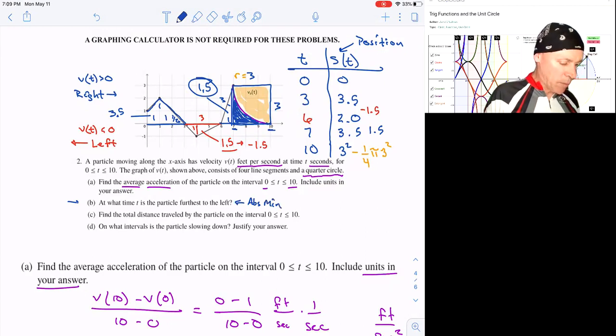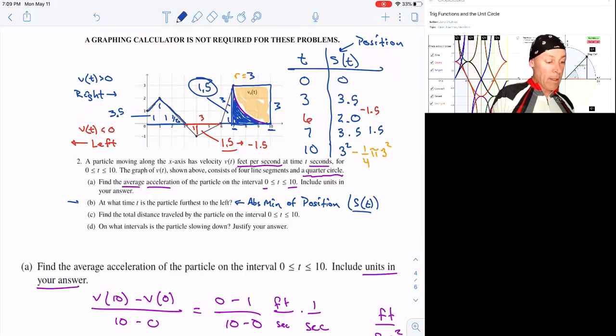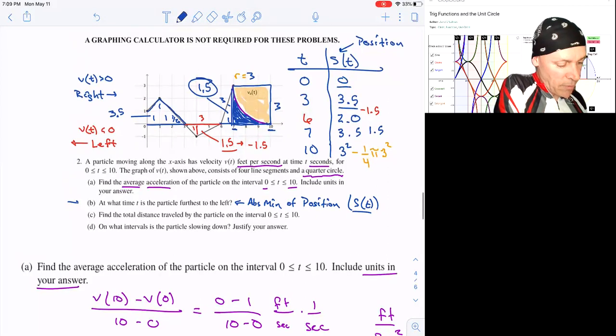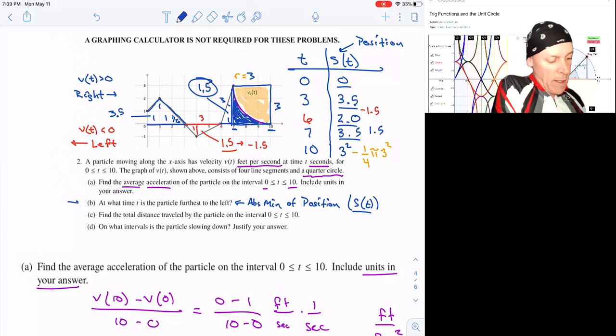We're looking for the absolute minimum of position, which I just happen to call S of t in my table. The positions are 0, 3.5, 2.0, 3.5, and then whatever 3 squared minus 1/4 pi 3 squared is, at those 5 times.